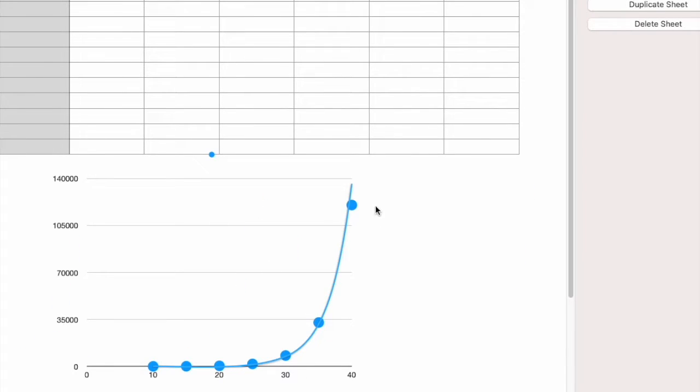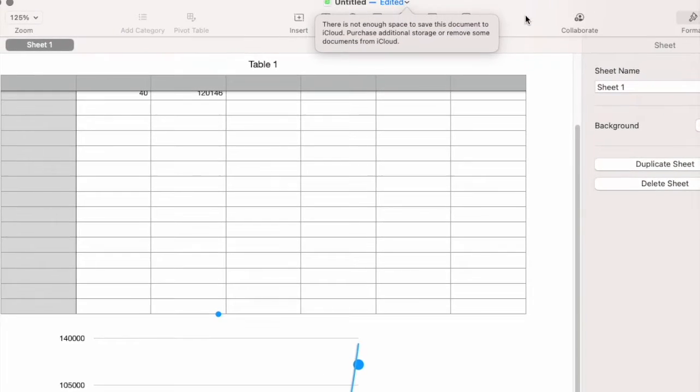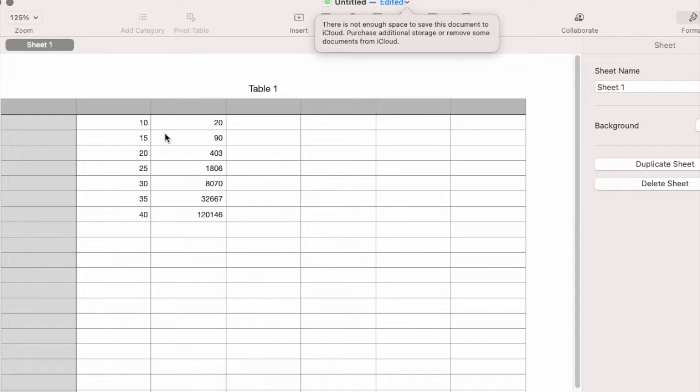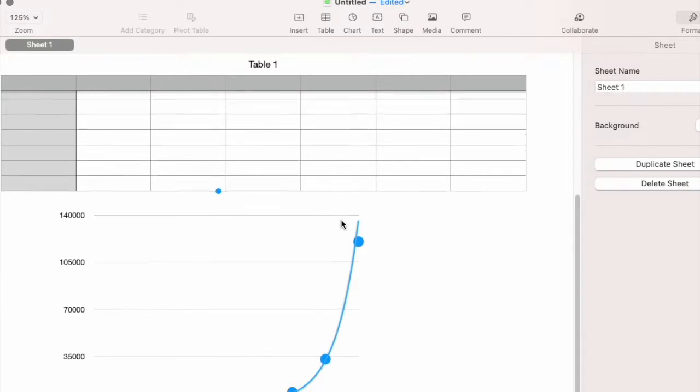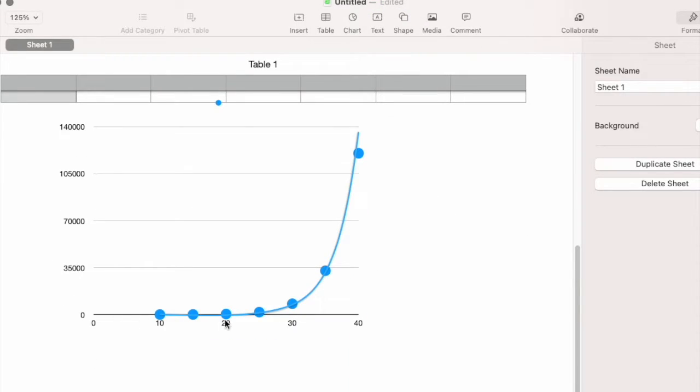I'm using Numbers here. Let me show you the table first. This is the table I've copied here, and I've got this perfect exponential graph, and I have to find the equation for this. So I will go there.